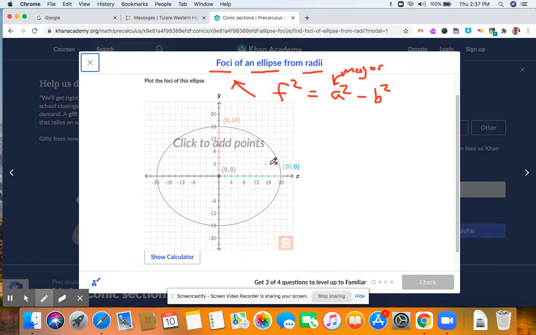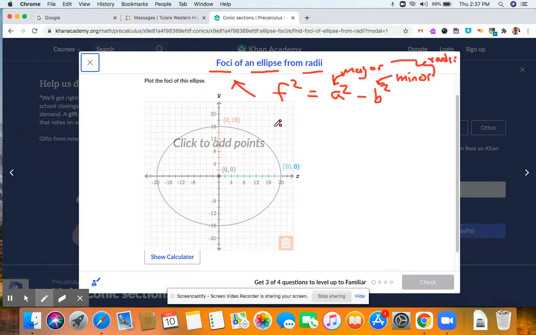Usually it's on the x-axis. They're not trying to trick you too much. This one's the minor, and these both are the radii. Okay, so let's go ahead and plug in the information here, and they want us to graph it.